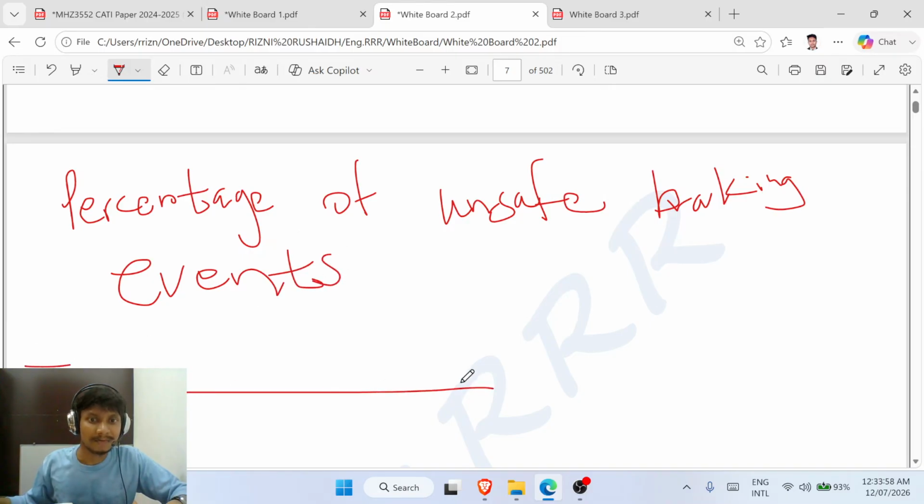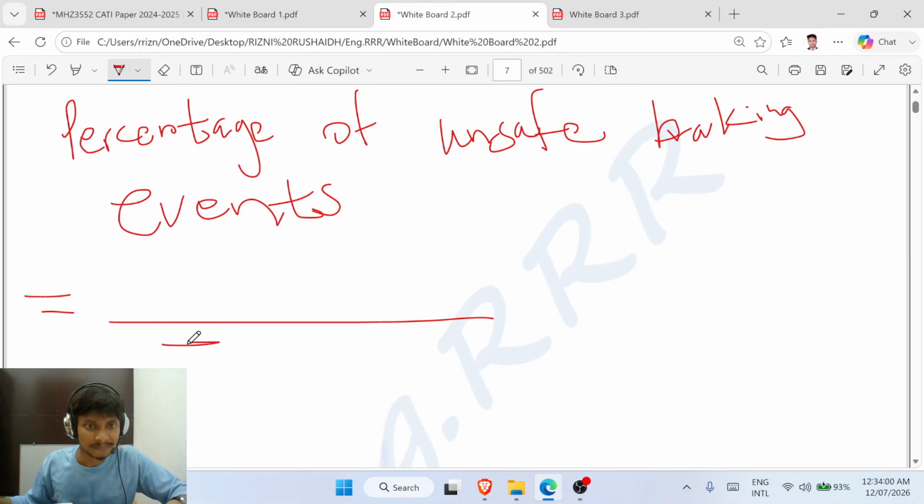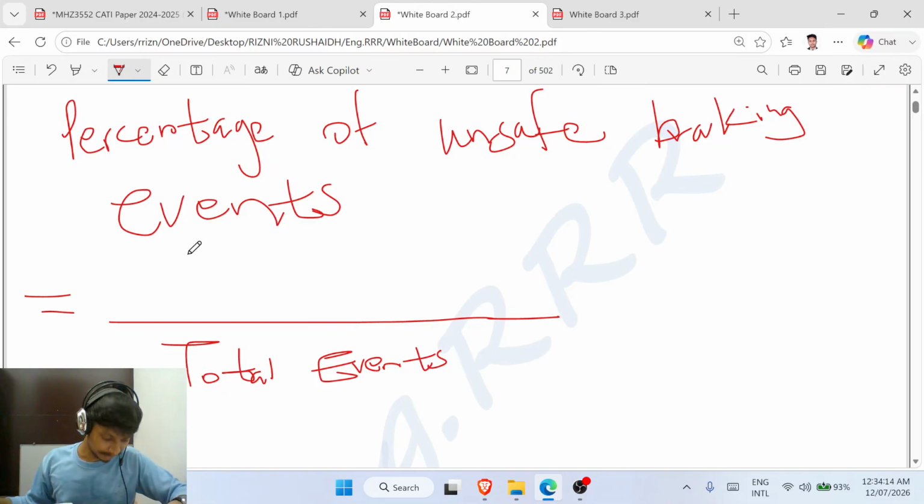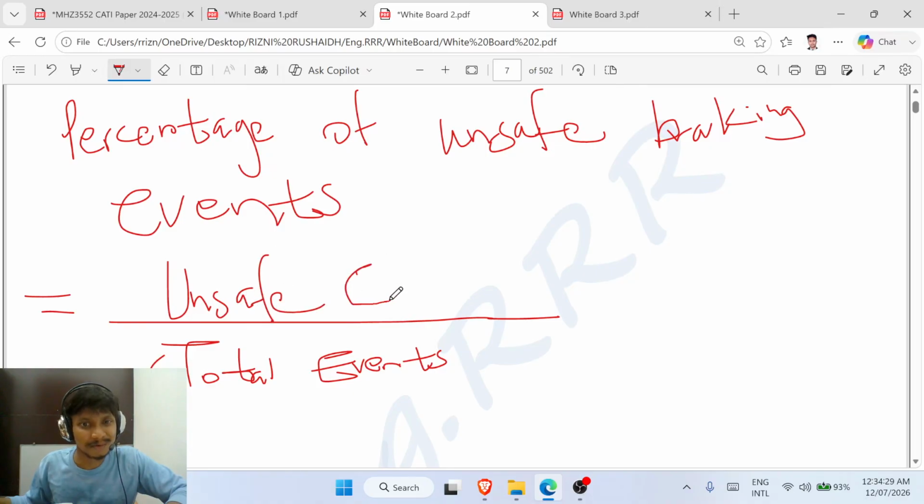The percentage of unsafe braking events is equal to, what is the total observations? Total events. Unsafe events in the numerator, total events in the denominator.